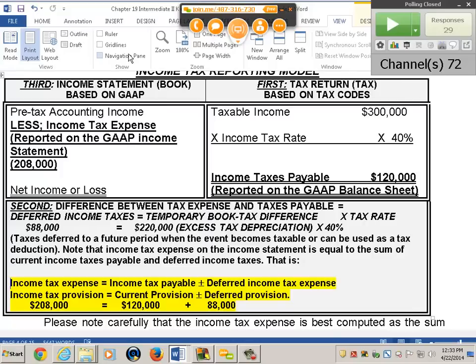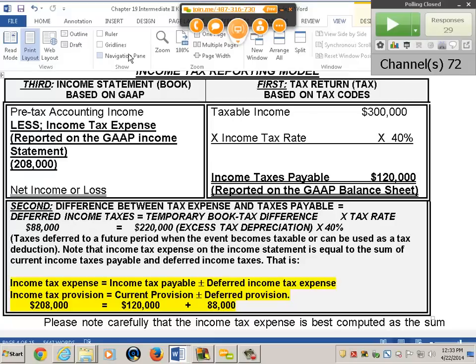There are cases where it works. It only works when you don't have a permanent difference. Once this gets really thick and complicated, if you use a tax rate against book income, you're going to get the wrong answer. So the way you build the provision is to take the current plus the deferred, and that becomes your tax expense. Tax expense is synonymous with tax provision.